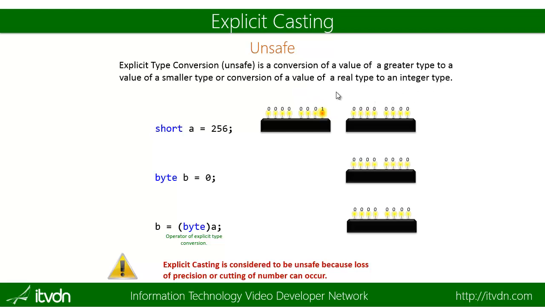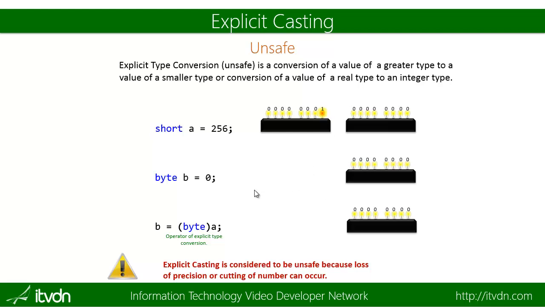So converting a value of a real type, which of course has some fraction, cannot be put into an integer type because a real type has a decimal and a tail, where you have, for example, 7.332 or 7.213, whatever. You cannot put it into an integer type because an integer is a whole number and cannot hold fractions. So you risk losing those digits after the decimal point.